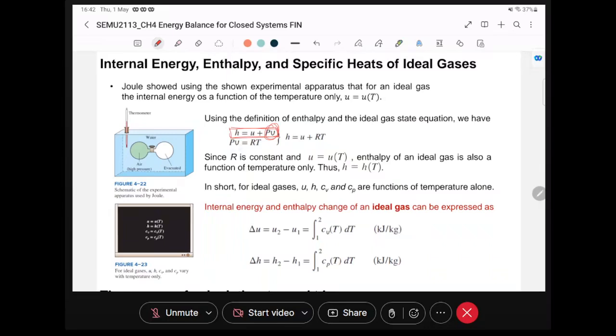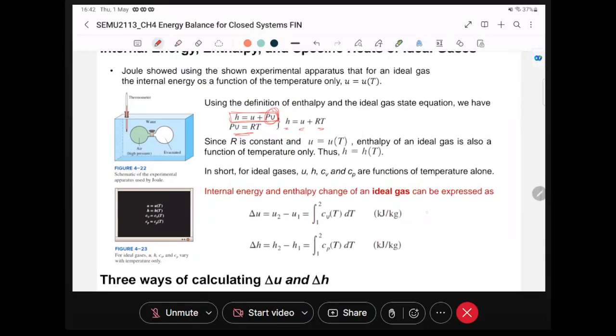Because PV equals RT in the ideal gas, therefore H equals internal energy plus RT. Then the change in internal energy in an ideal gas, we can approximate by Cv multiplied with delta T.